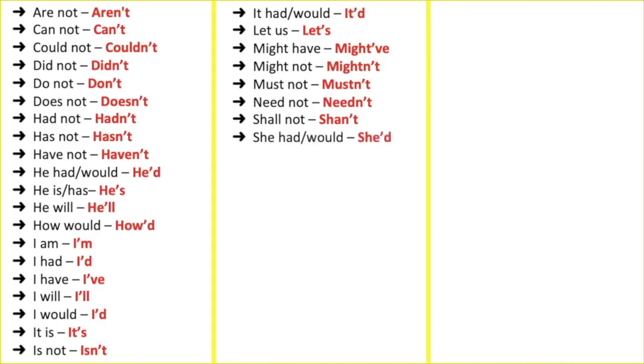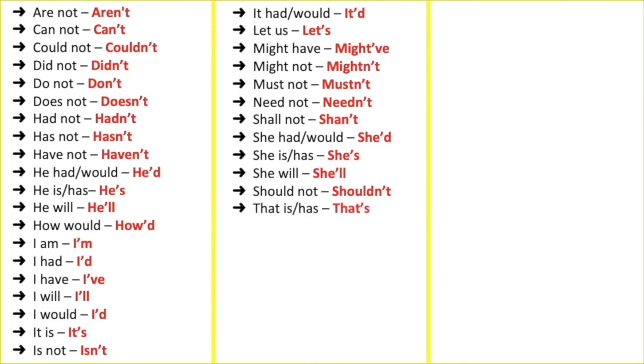She had or she would, she'd. She is or she has, she's. She will, she'll. Should not, shouldn't. That is or that has, that's.